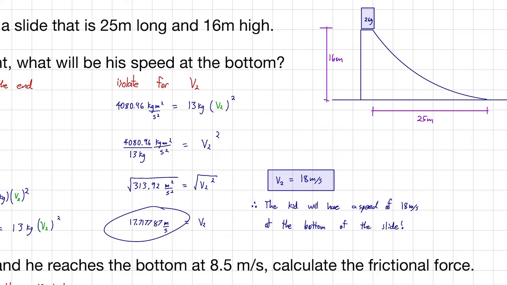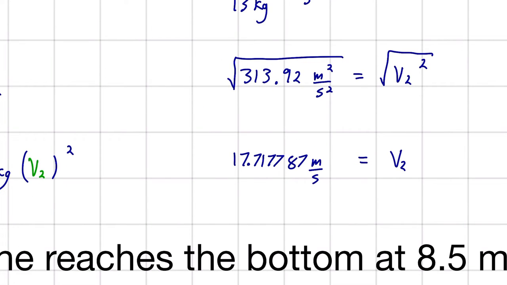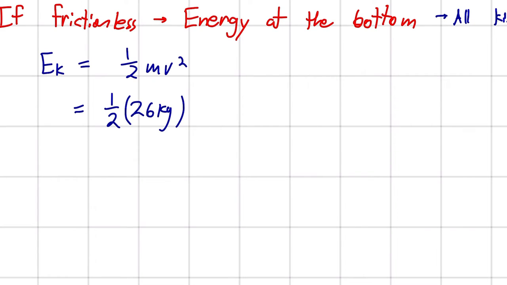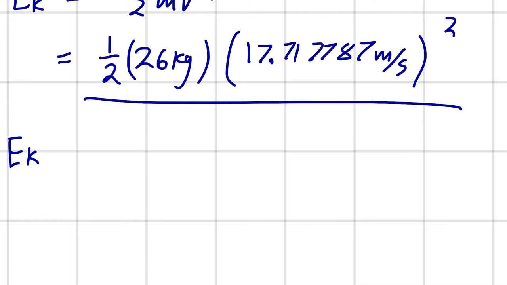And I'm going to use this one as opposed to our rounded version just because we want to have a number that is more accurate. And this is technically more accurate, so we're going to be using it for our calculations going forward. So that speed was 17.717787 meters per second, and that's squared. So our EK, all we have to do is plug this into our calculator.